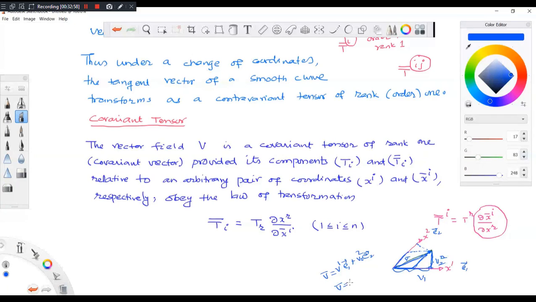You see, the same vector I am representing using different kinds of components. One I am taking as parallel: you draw it parallelly and take this component. Here also the same, here you make a perpendicular kind of thing. So the same vector I am writing in two different ways.